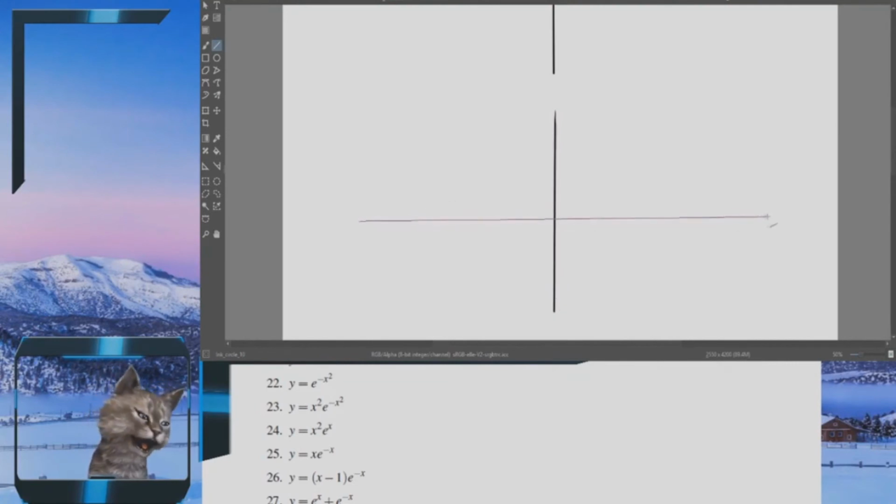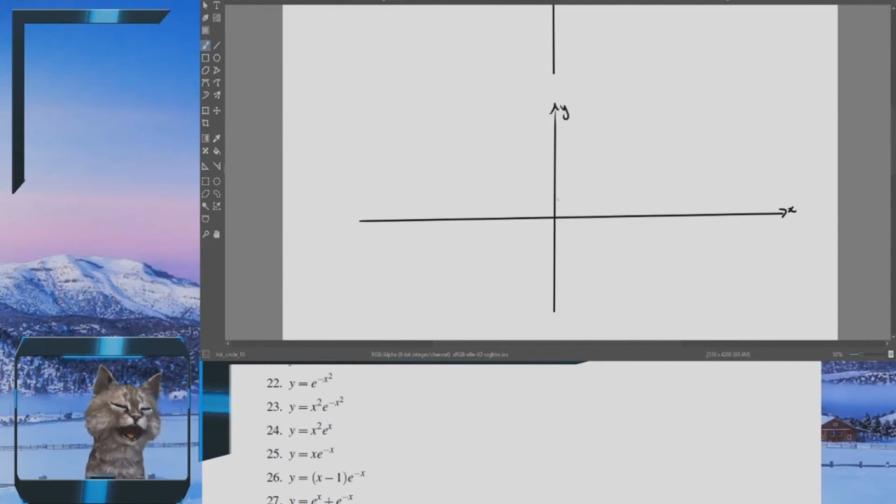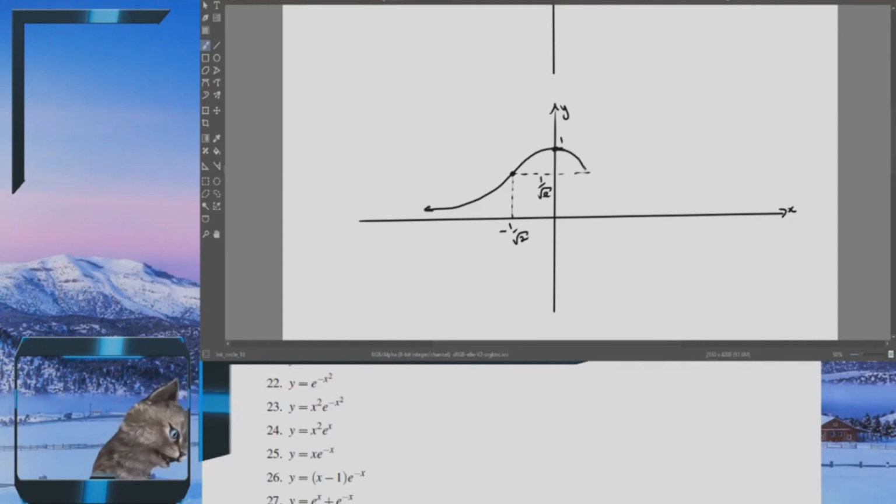And it's because of the x squared that I don't have the basic e to the x shape that I'm used to. I have 1 here. I'm going to go down, bending, and it's going to change, maybe not right there, maybe over here, at negative 1 over root 2, 1 over root e, and down.